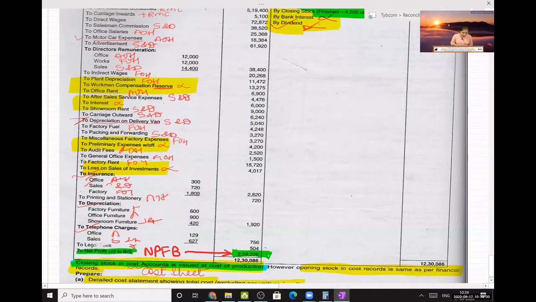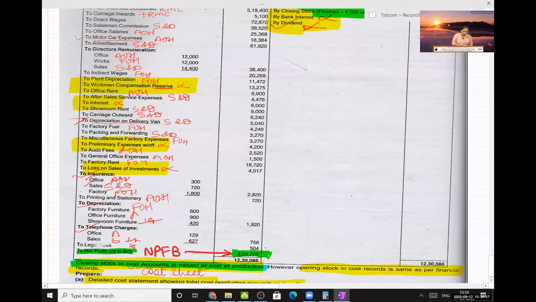Then loss on sale of investments, it's a financial loss, non-cost, will not come in cost sheet, put a cross. Then insurance: office will go to admin, sales will go to selling and distribution, factory will go to factory overheads. Printing and stationery is admin overheads. Depreciation of factory furniture will go to factory.